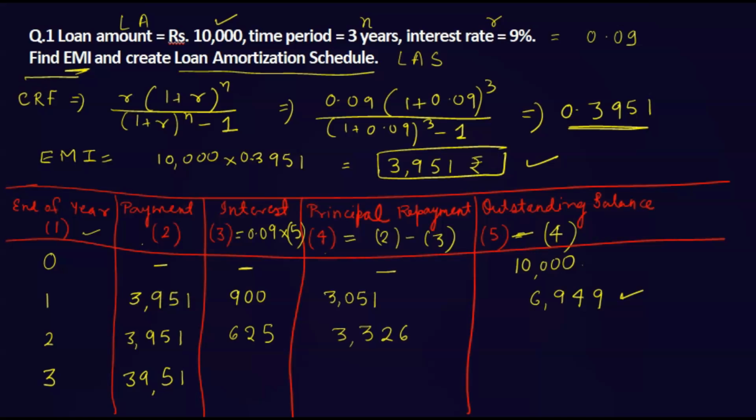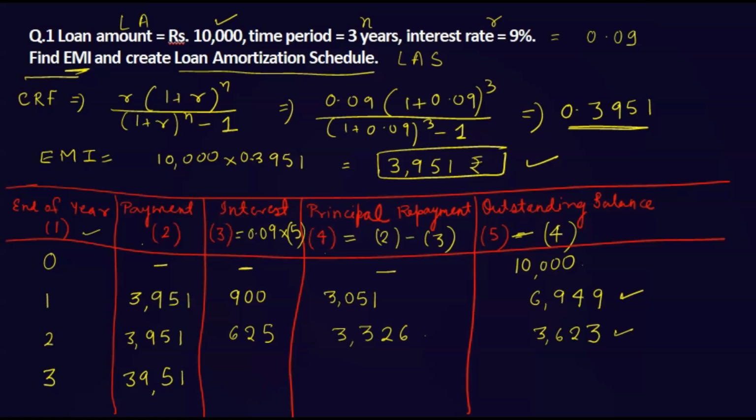Now 6,949 was the balance. Now 6,949 minus 3,326, you will get 3,623. Now this is the balance. Initially the loan amount was 10,000, so we have paid, then we are left with 6,949. Now we have paid in the second year also, we are left with 3,623 principal.